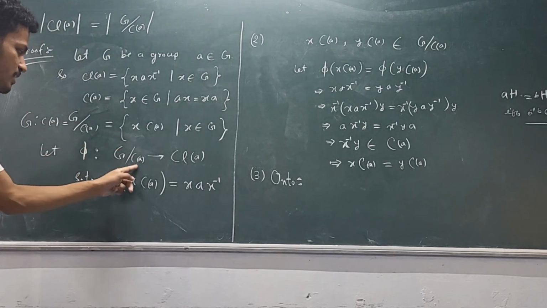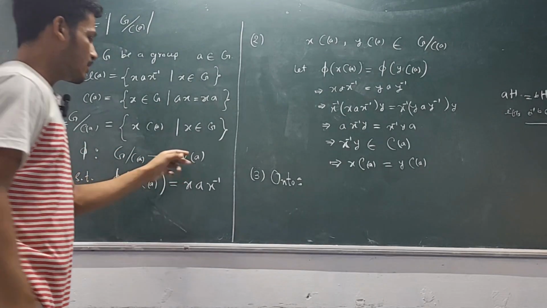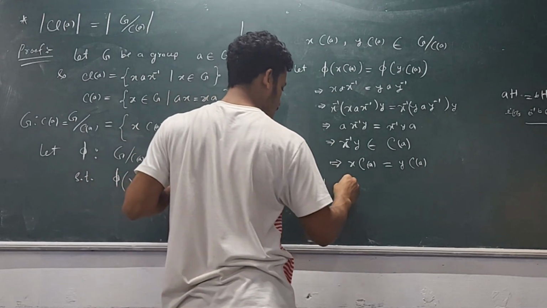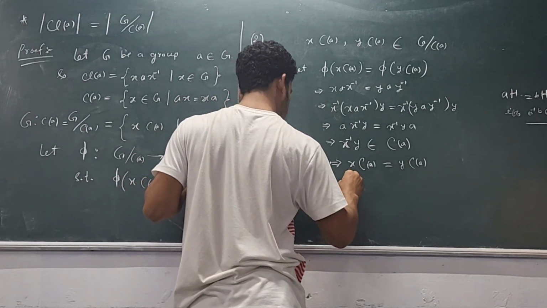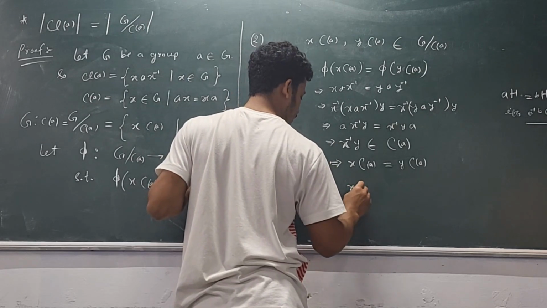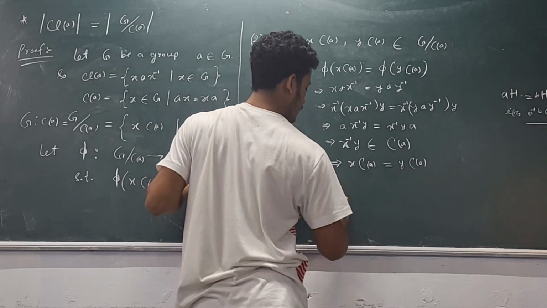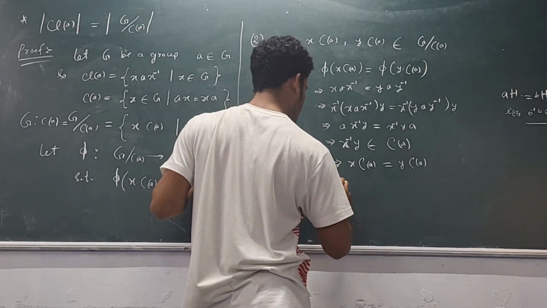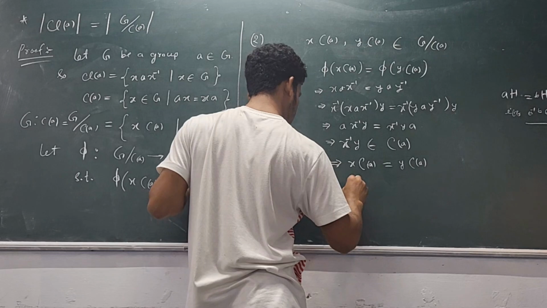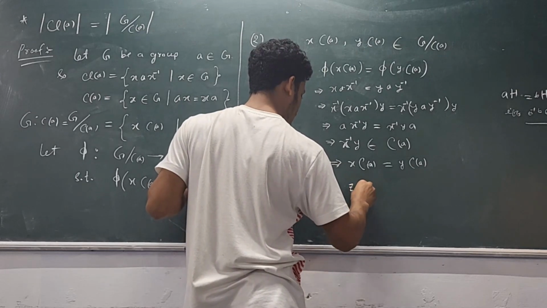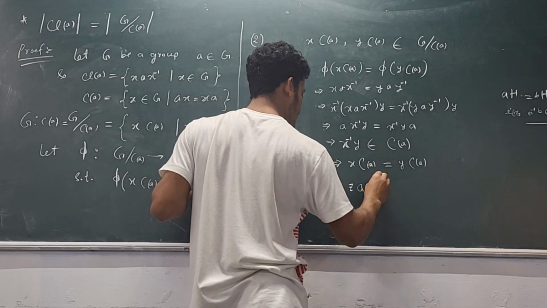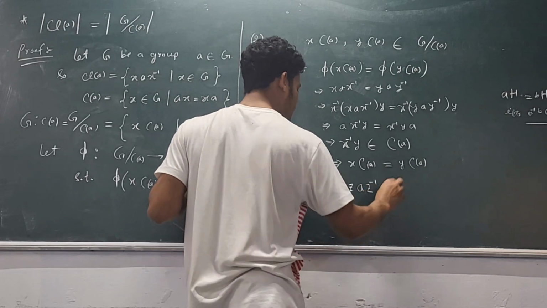We are defining a function from this to this, so the codomain is this. So let z a z inverse be an element.